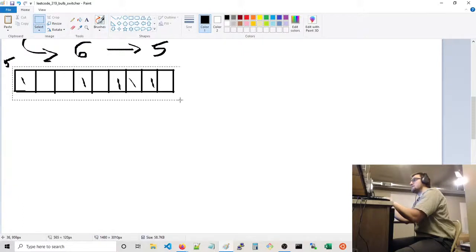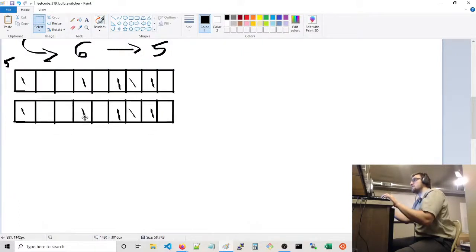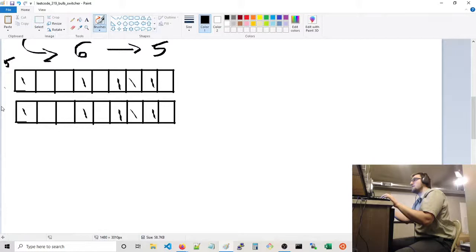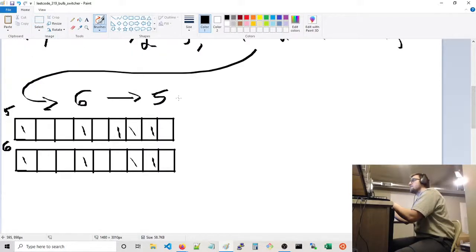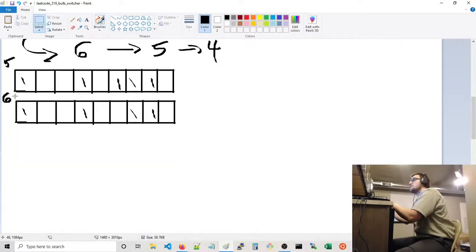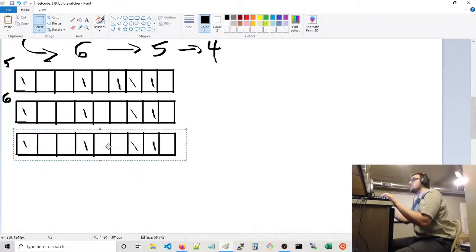And then 6. One, 2, 3, 4, 5, 6. We toggle off to 4. Back to 4. See that the last values actually would start to flip again.